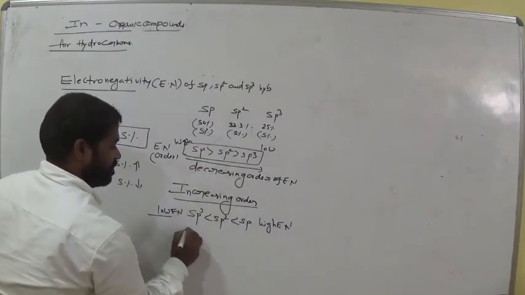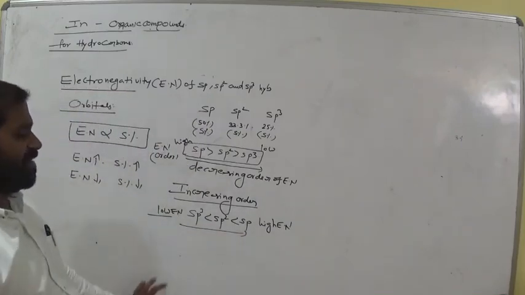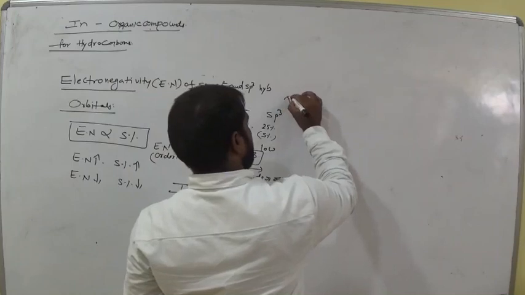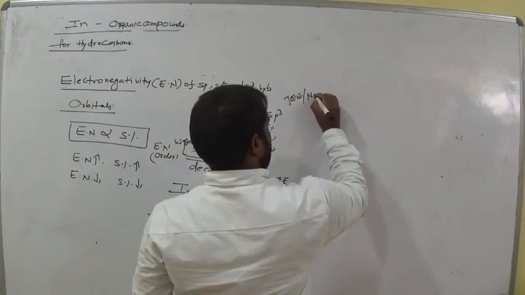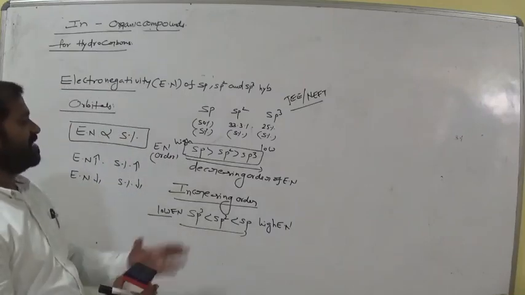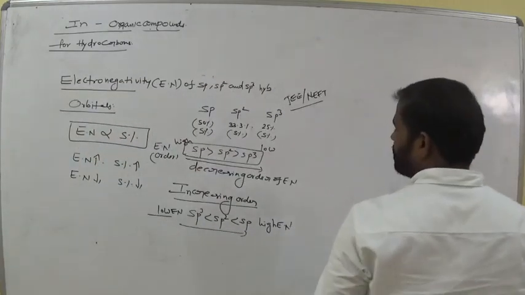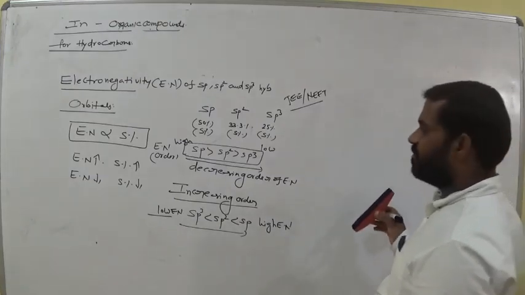Clear? This is increasing order. Okay, so very important for JEE and NEET and AMSET also. As s percentage increases, electronegativity also increases. Remember this. Okay, is it clear, all of you?